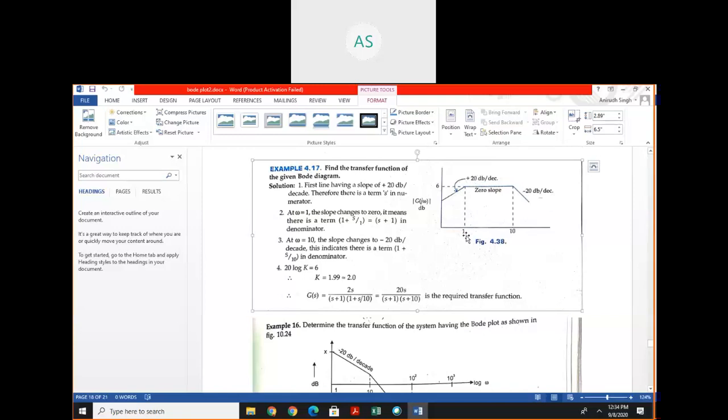And when the value of omega is 1, the intercept on the y-axis is 6. It means that 20 log k is equal to 6, and if we calculate, the value of k is approximately 2.0.